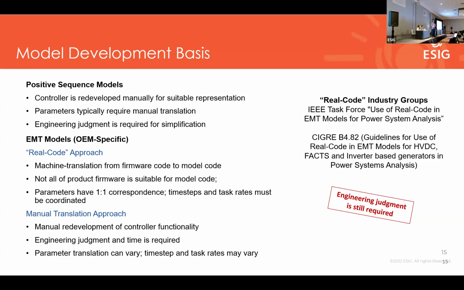There's an organizational preference for how to do that, and so I think it's useful to be aware because there are some differences there. The parameters may need to be mapped, maybe not as directly. And there are also some industry working groups that are focused particularly around the real code models.